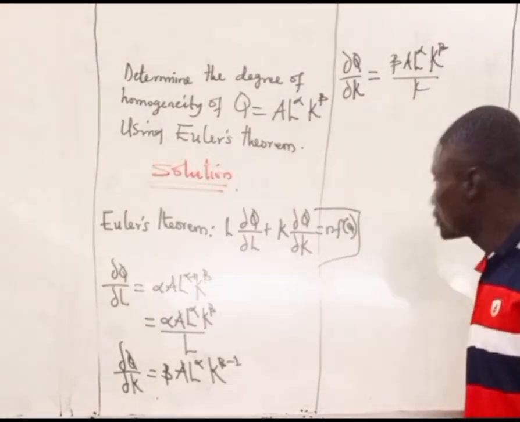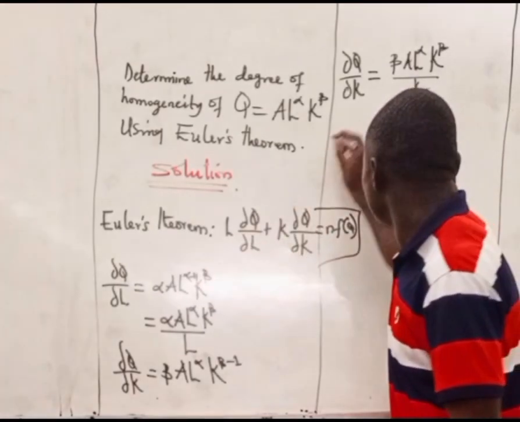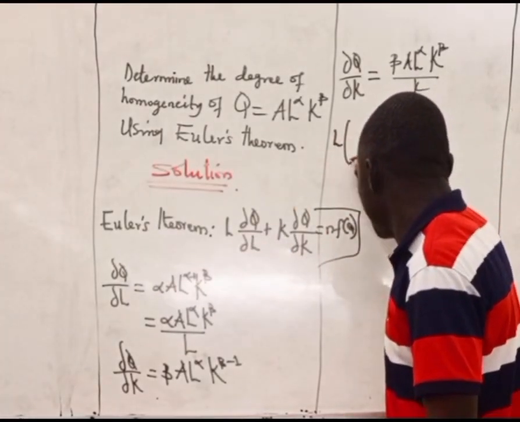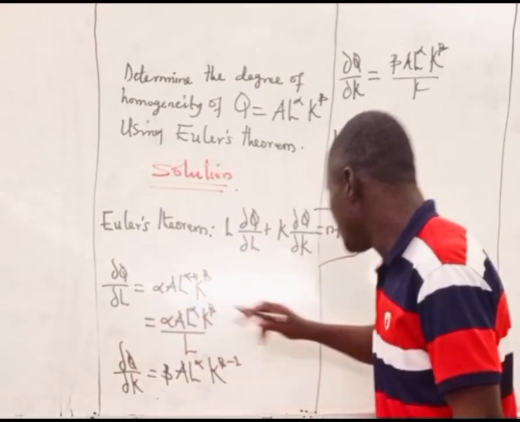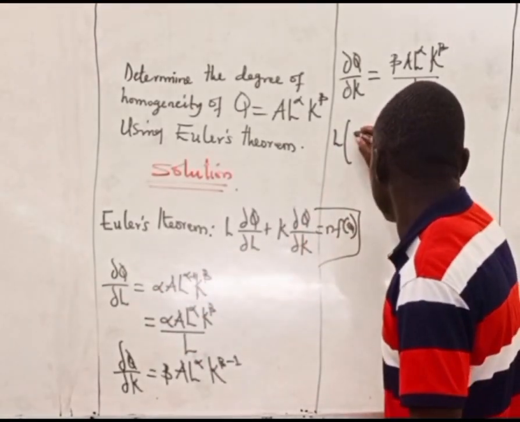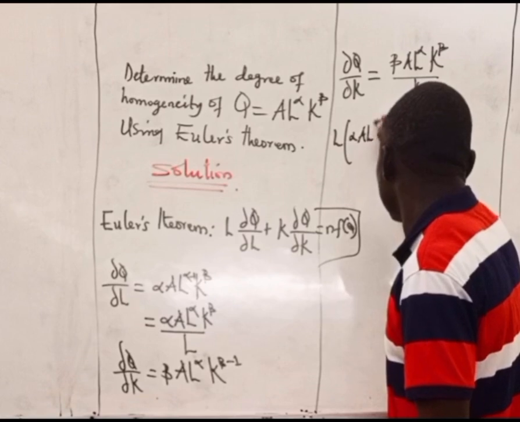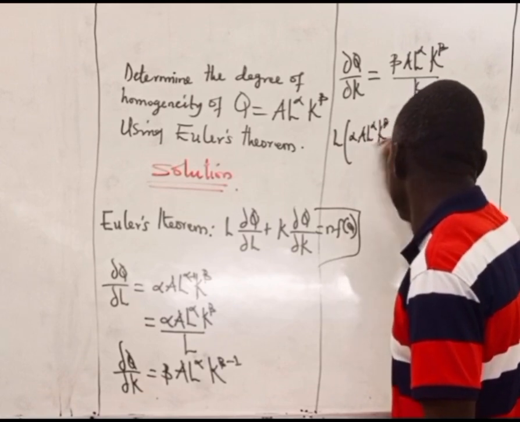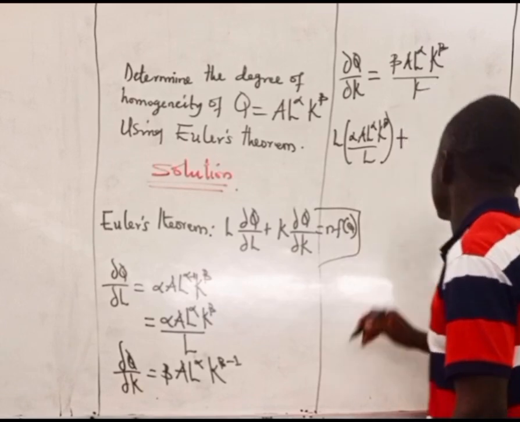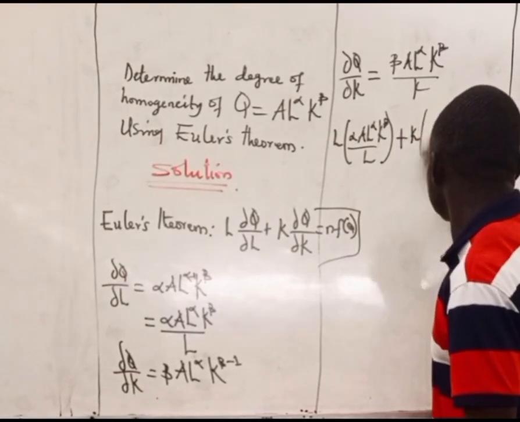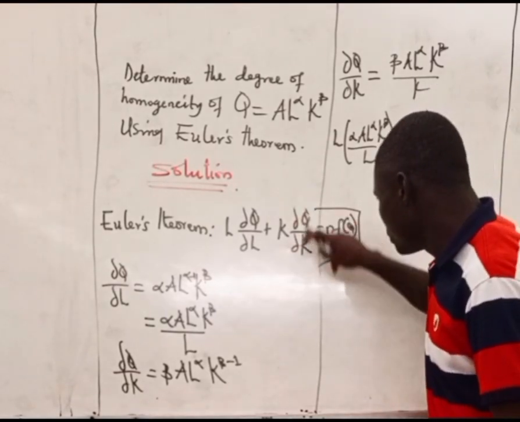On this, we are going to have our L times dq dl. Our dq dl is alpha A L^alpha K^beta over L, plus K into brackets dq dk.